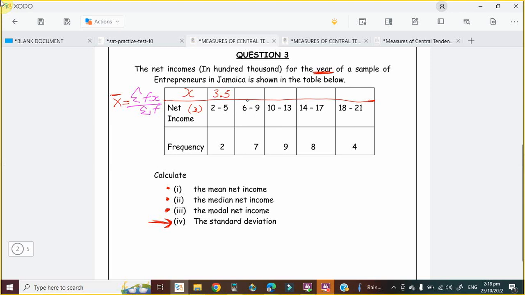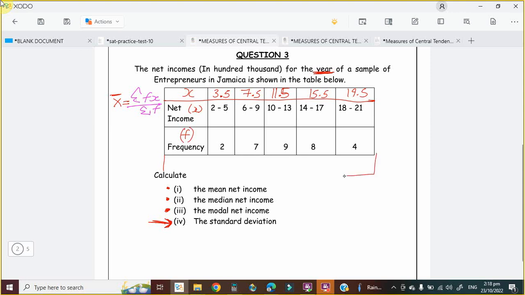Midpoint for 6 to 9, 7.5. Midpoint for 10 to 13, 11.5. And notice it's just going up by 4. So we can just put our 15.5, 19.5. Good. Now this is our frequency f.